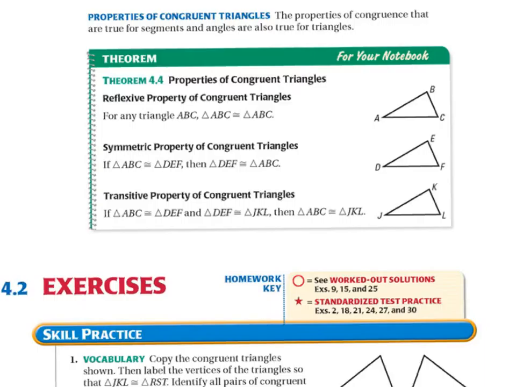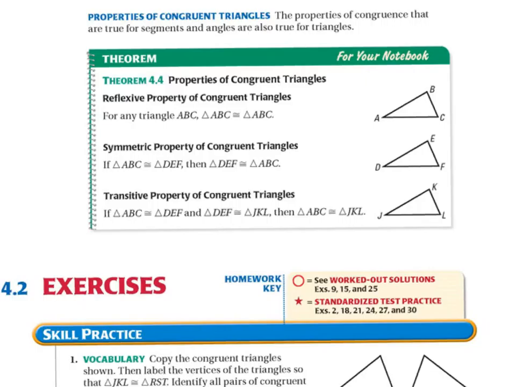Then we have the symmetric property of congruent triangles, and we've had the symmetric property a couple times already. Okay, so that's saying if ABC is congruent to DEF, then DEF is congruent to ABC.